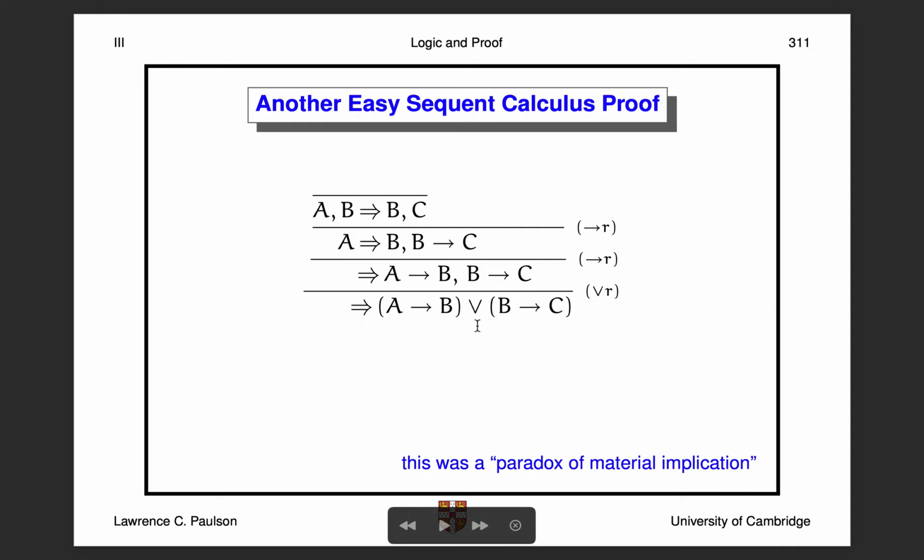So or on the right basically turns this disjunction symbol into a comma. And now we do have some choice. We have two implication symbols here on the right side, and we can elect to do either of them. Now I avoid skipping steps, and in this case I have chosen the first implication symbol.